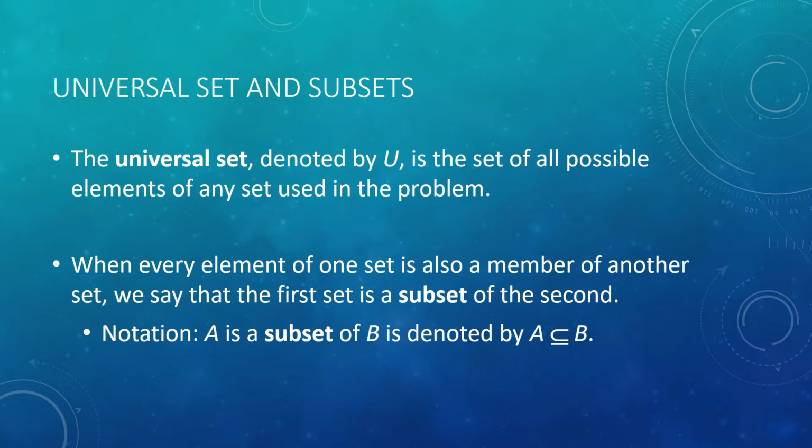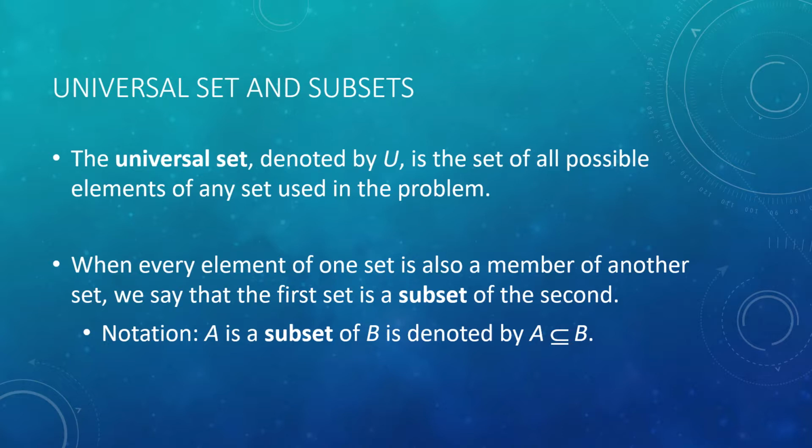So usually if you're looking at a problem on the homework, they'll tell you, hey, the universal set is this set of numbers. Just pay attention to the problem, and if you need to use the universal set, they'll tell you what it is. So that's the set of all possible elements of any set used in the problem.